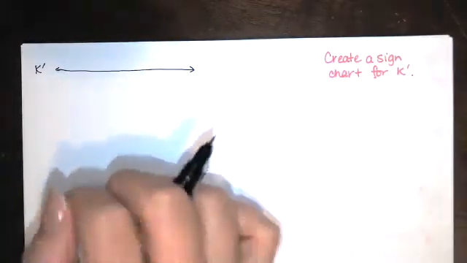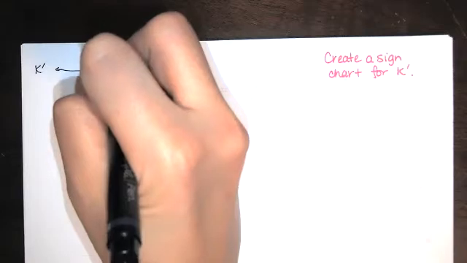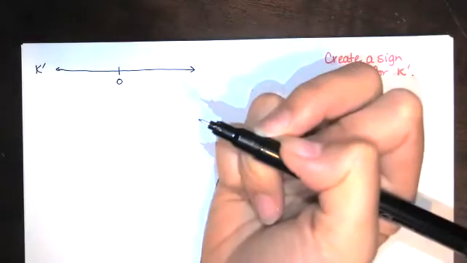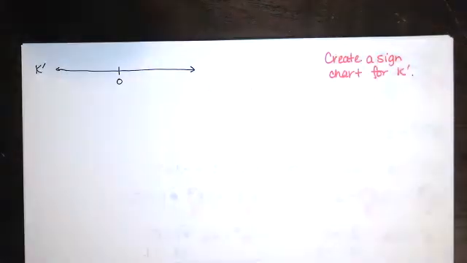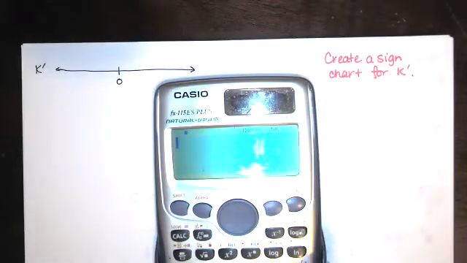So let's write down k prime, and there's a number line. These are x values. X goes from negative infinity to infinity because the domain of our curvature function was negative infinity to infinity. And the critical values were x equals 0, x equals the log of 1 plus the square root of 2. So let's figure out what that is.